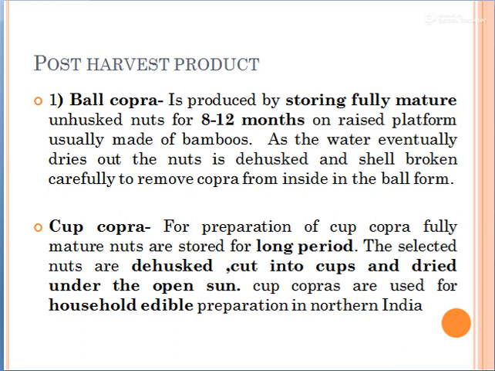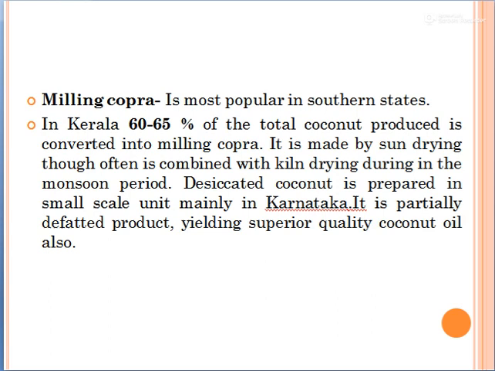Then the next processing is milling copra. In the southern states, mostly in Kerala, 60 to 65% of the total coconut produce is converted into milling copra. It is made by sun drying, which is often combined with kiln drying during the monsoon period.